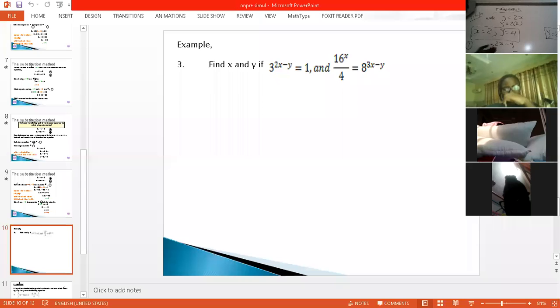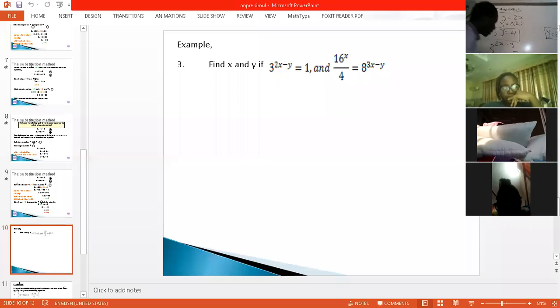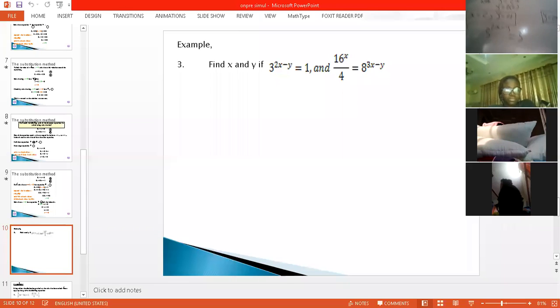And I said that for this equation to be acceptable, you make that 1 so that it will have the same base as your left hand side. So instead of writing 1, I can write 3 to the power of 0. You agree with me that 3 to the power of 0 is equal to 1, isn't it?